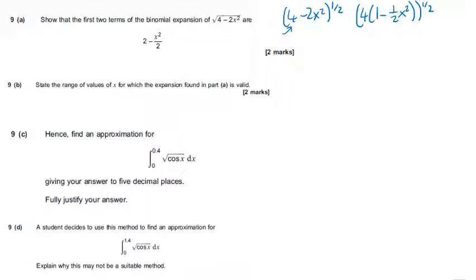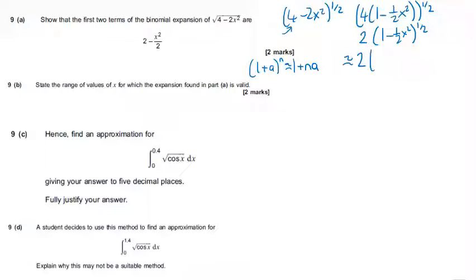And if I multiply things together to a power, I can split that up. So I can have 4 to the power of a half, which is 2, and just take that outside. So I've got that. And now I can use the binomial expansion. So the binomial expansion is that 1 plus a to the n is approximately 1 plus na, the first two terms.